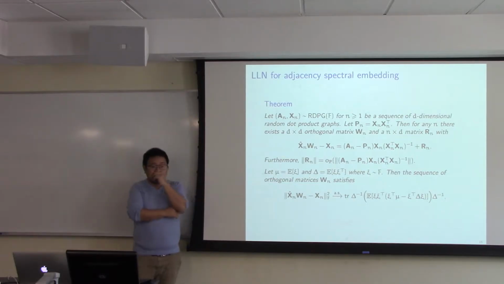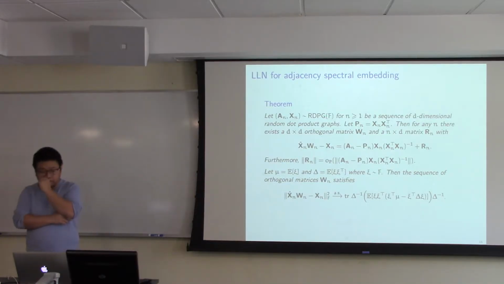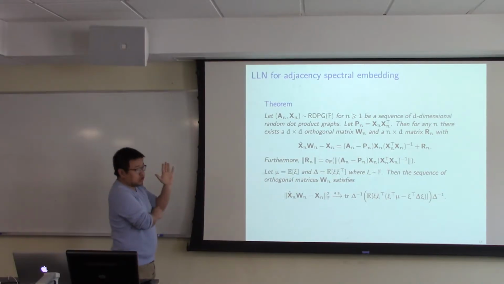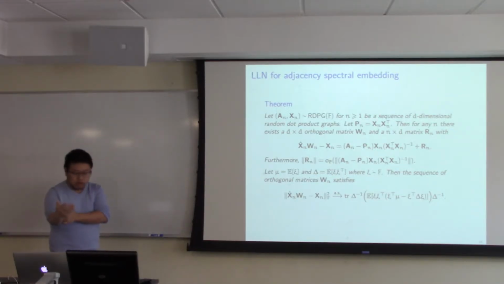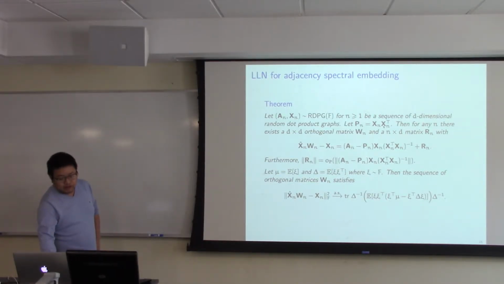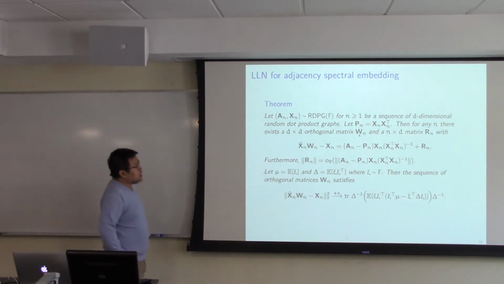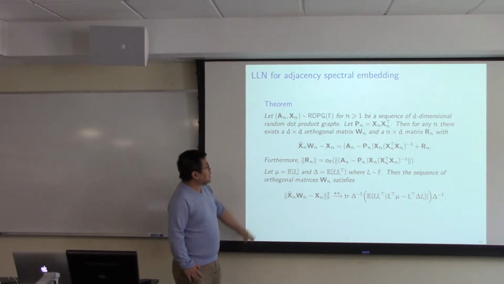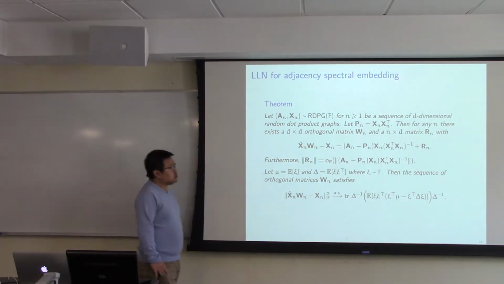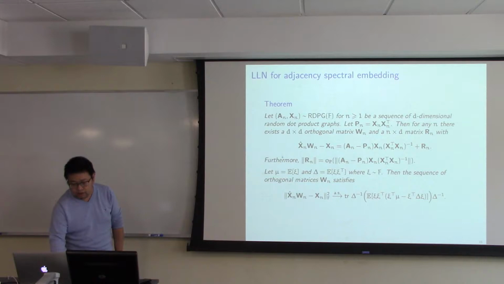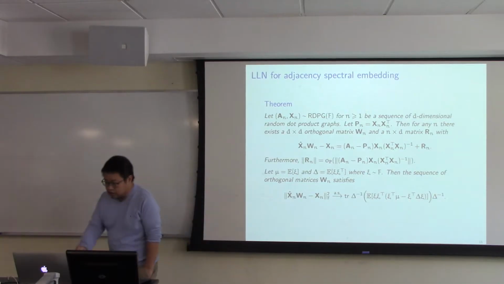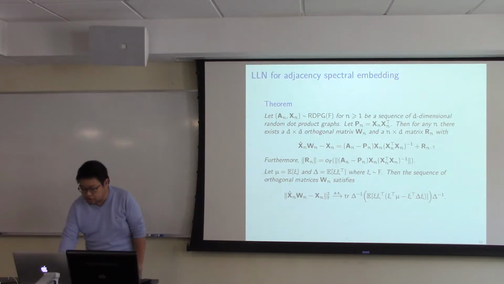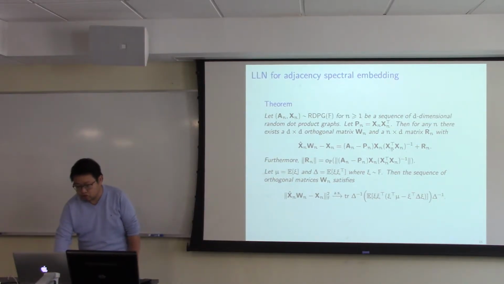We will first present the result on the law of large numbers for the adjacency spectral embedding. If I have a sequence of random dot product graphs on n vertices, for n from 1, 2, and so on, and I let Pn be the matrix of edge probabilities for the nth graph, then for any member in the sequence, there exists an orthogonal matrix Wn such that the difference between the estimated latent position X hat and the true latent position under the orthogonal transformation can be written in this form, where the residual term is of smaller order than the original term.